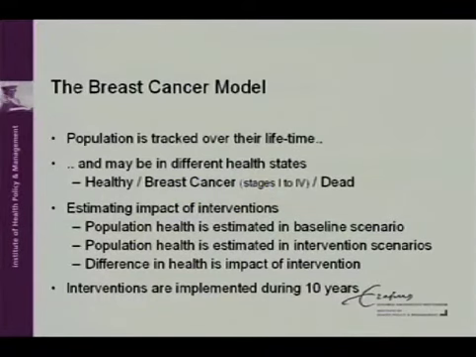Then we estimate the population health once we implement the various scenarios that we modeled. And then, of course, the difference in health outcome is the impact of the intervention. The interventions are implemented during 10 years. So for 10 years, we are measuring the impact of the intervention as well as the cost. And based upon those, we calculate what is called a cost-effectiveness ratio.